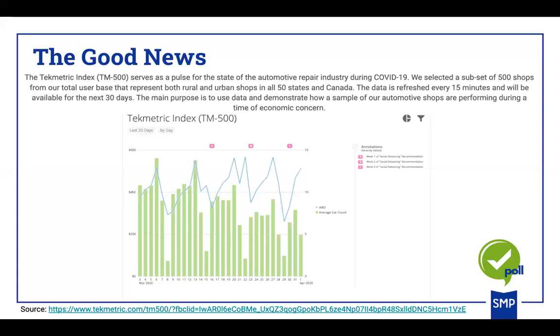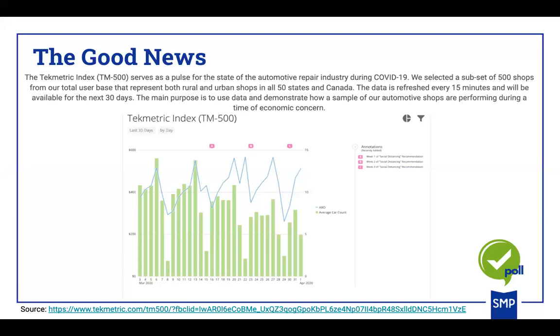I took this screenshot today, so it's fairly up to date, probably around 9 o'clock this morning. What you're seeing here is the average repair order and the average car count across all those 500 shops.